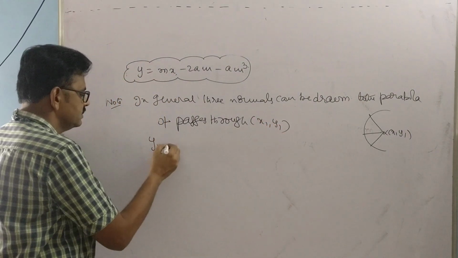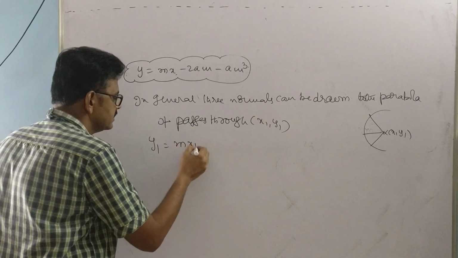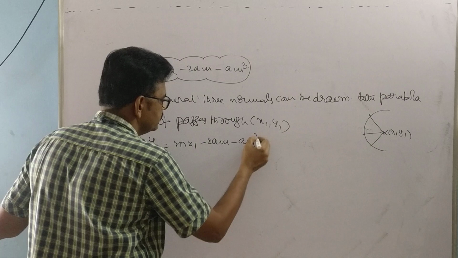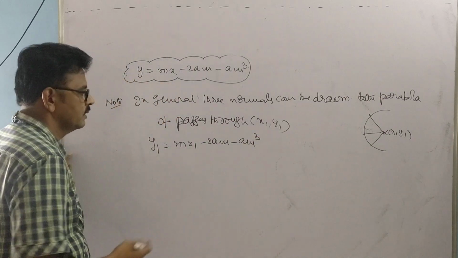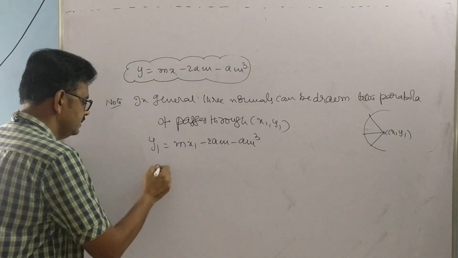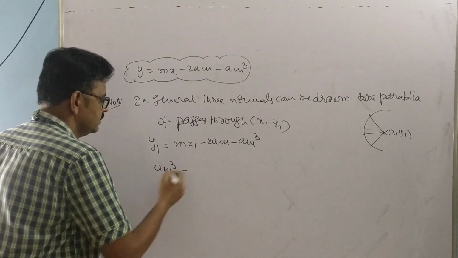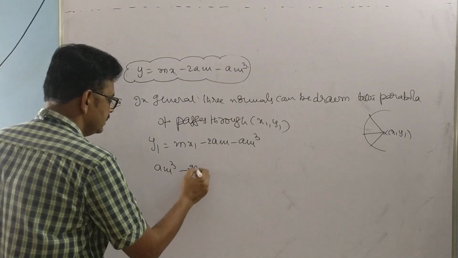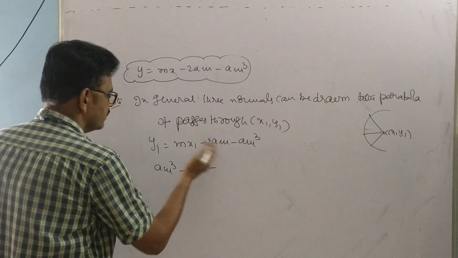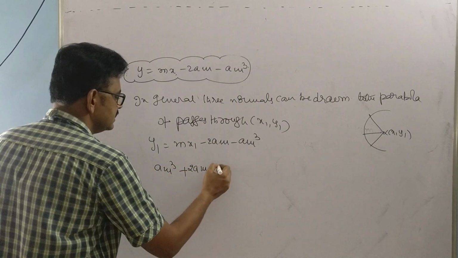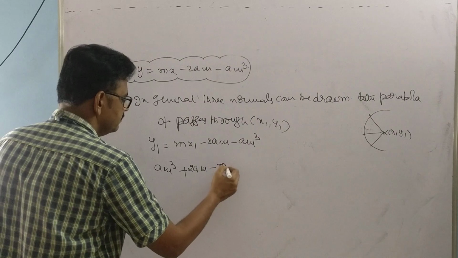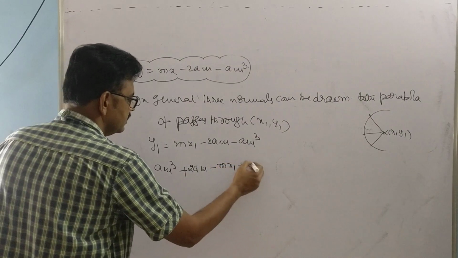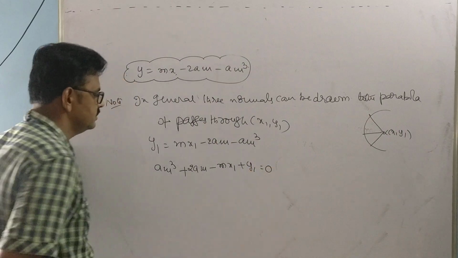So y1 is equal to mx1 minus 2am minus am cube. Write am cube plus 2am minus mx1 plus y1 is equal to 0.